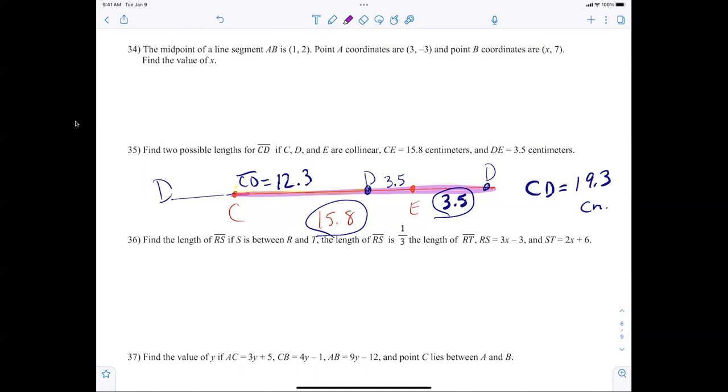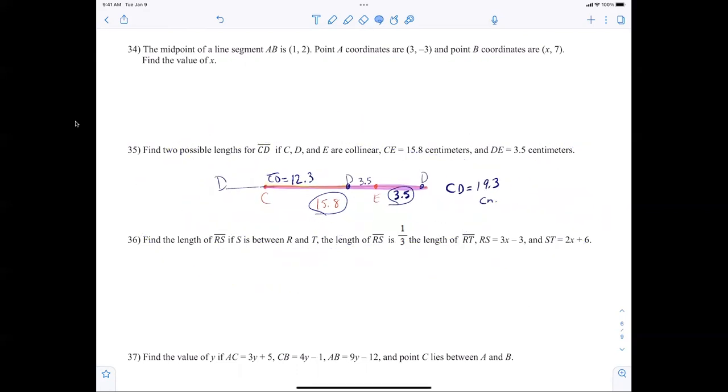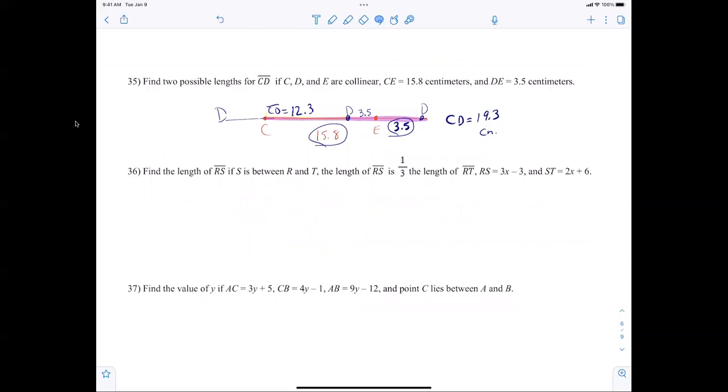All right. Now let's look at 36. Sebastian, you said 36 too, right? Now here it says specifically find RS if S is between R and T. So in my opinion, we should draw RT and put S somewhere between.